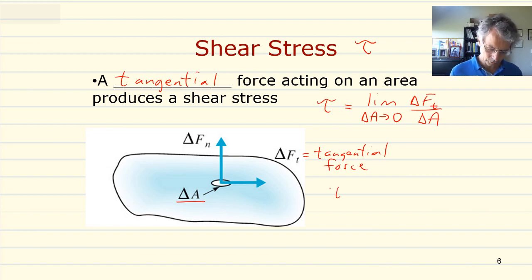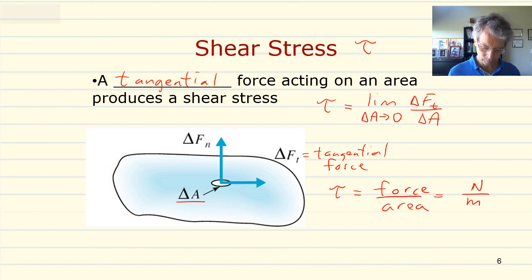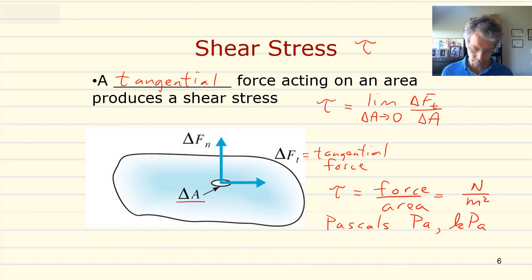Now, of course, the units of a shear stress will be force divided by area, and in the SI system that would be newtons per meter squared or pascals. So pascals, and if we have a larger stress, kilopascal, which of course is just 1,000 pascals.